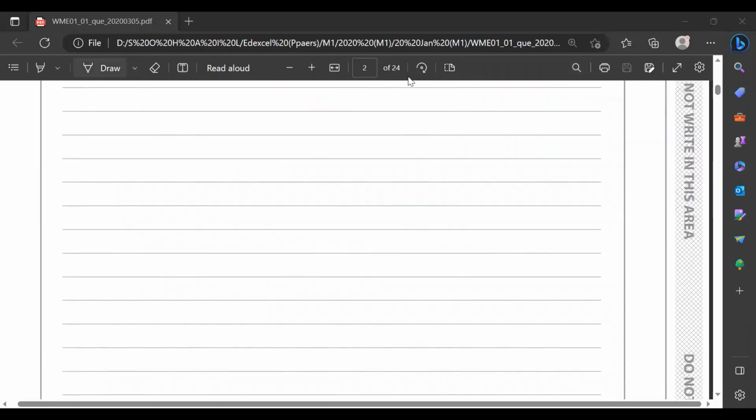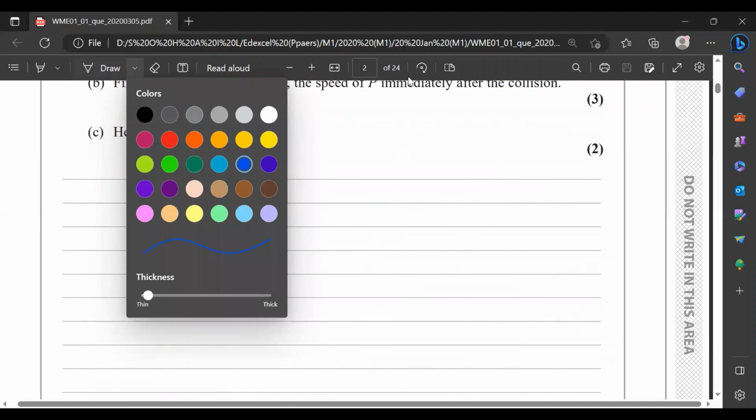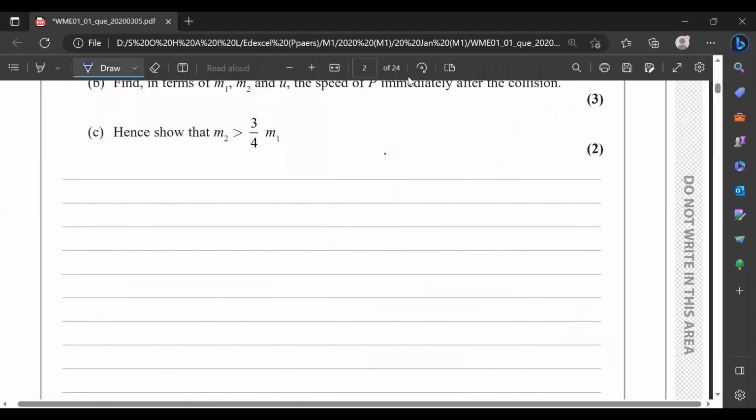So, the solution, part A. We have particles P and Q of mass m1 kg and m2 kg, moving towards each other with speed u and u.